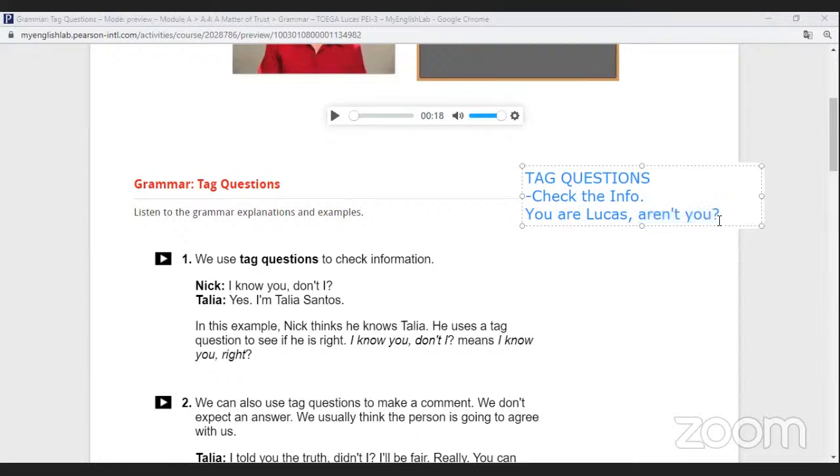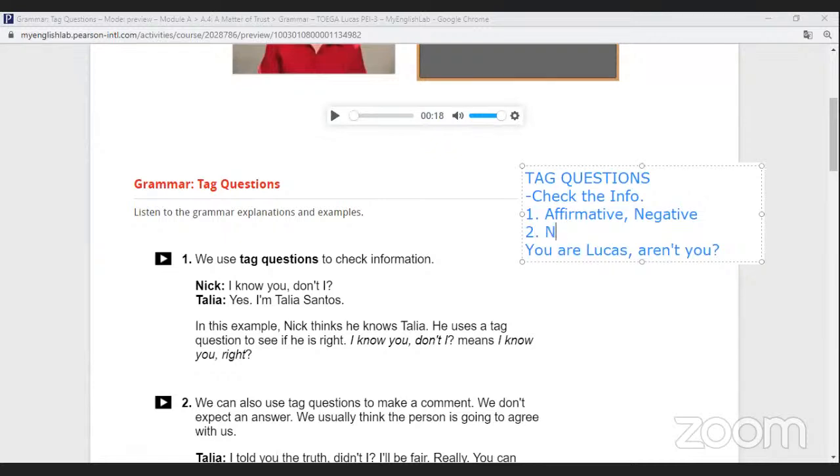So how are we gonna do the tag question? Always we are gonna have this sentence. In the sentence, we have to try to identify which is the auxiliary. In this case, for example, it is are. The first rule of tag questions: if the sentence is affirmative, the tag question will be negative.